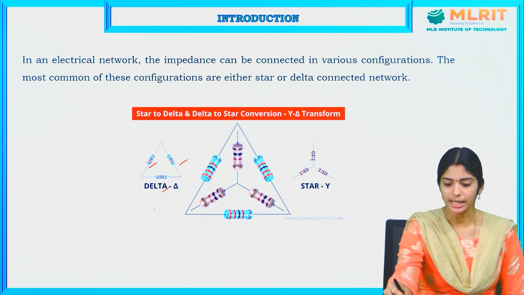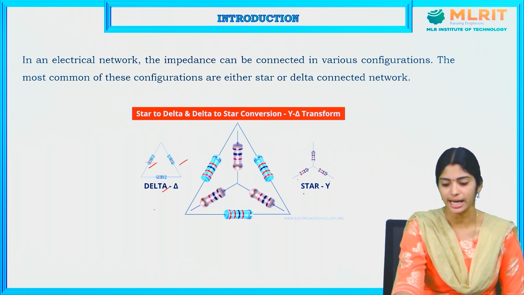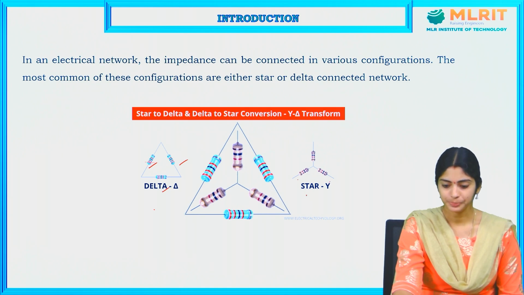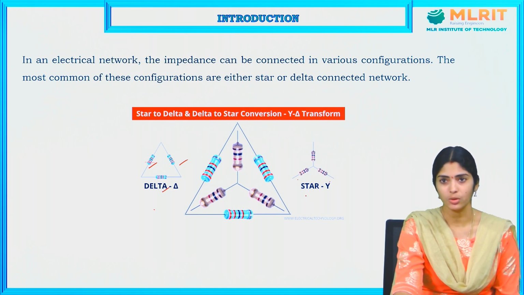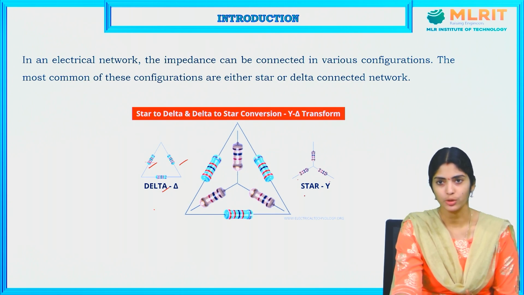And this is a star connection. That means if we connect the R phase, Y phase and B phase like this, it is called a star connection. So while we are transmitting the voltages through phases, we transform with the help of delta or star.